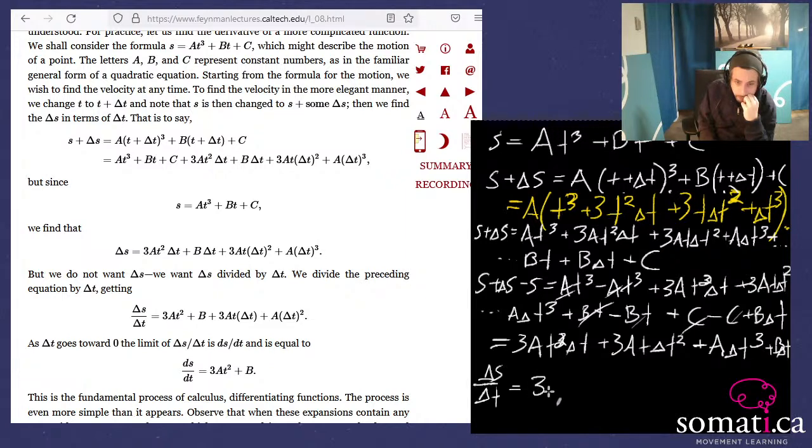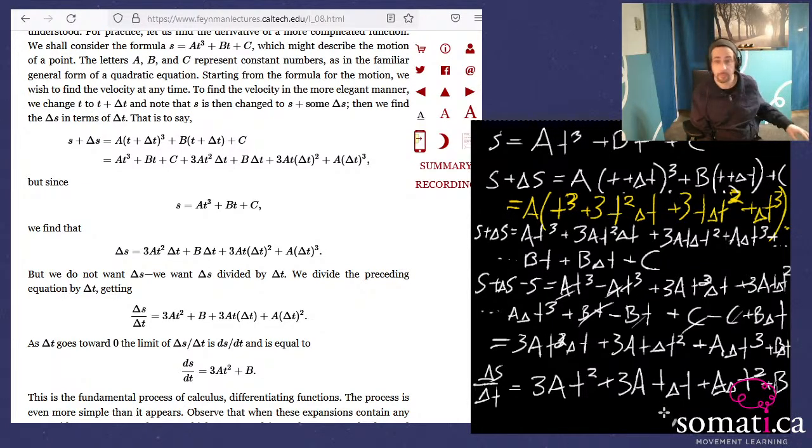So 3AT squared delta T is canceled, plus 3AT delta T now, plus A delta T squared plus B. So delta T's left.